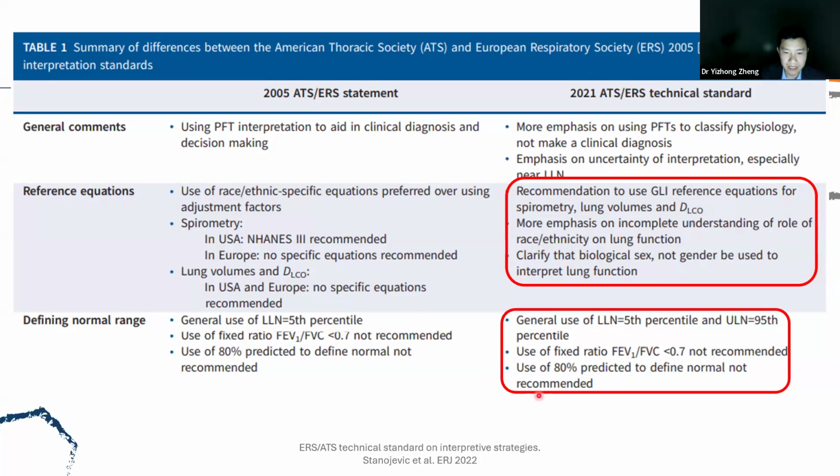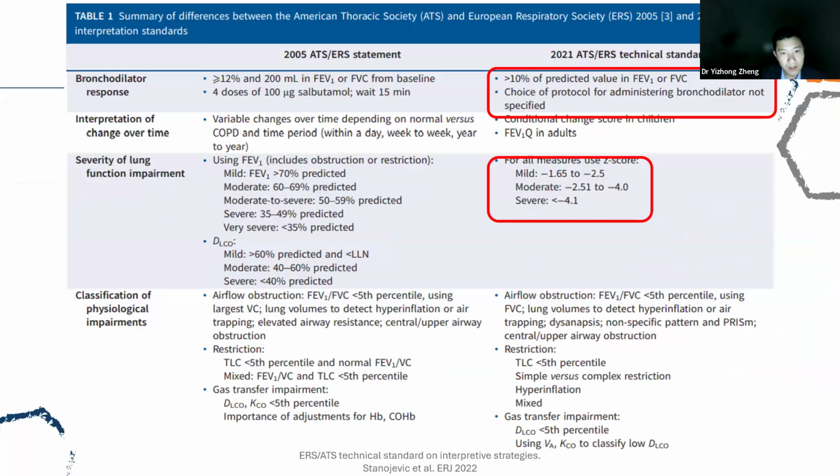Defining the normal range, and we discussed this, is the lower limit of normal, 5th centile, rather than a fixed ratio or fixed predicted values. Bronchodilator response, we've already discussed this, and then the Z scores in terms of severity, although it's not all accepted and completely adopted into practice.